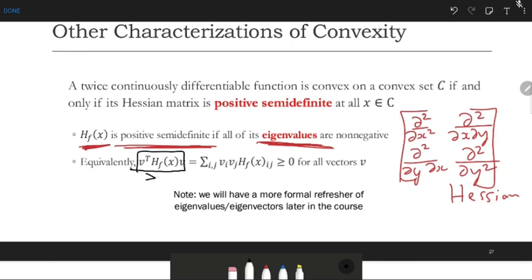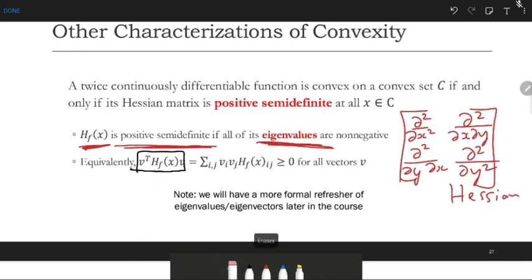If this is greater than or equal to zero, it is positive semi-definite. If it is strictly greater than zero, it is positive definite. If it is less than or equal to zero, it is negative semi-definite.